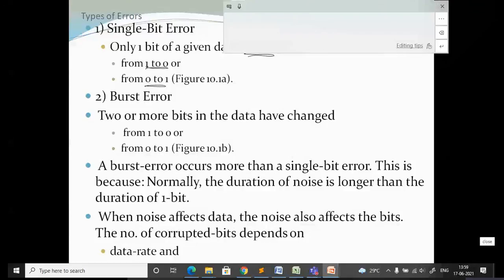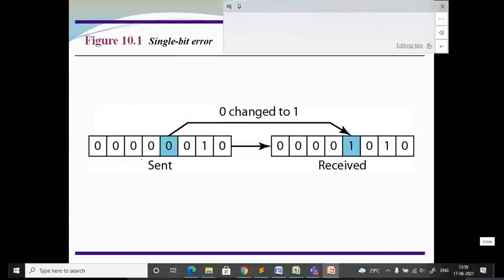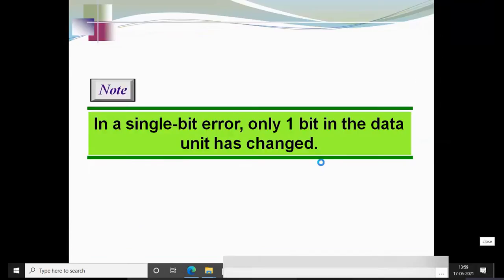There is a diagram for that. Consider this is the data I want to send. During transmission, this particular bit 0 is changed to 1. This is called single bit error. Detection of single bit error is very easy compared to detection of burst error.